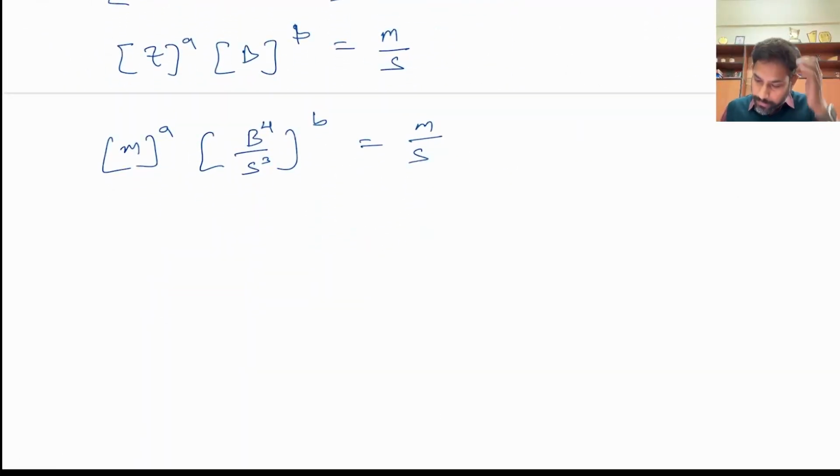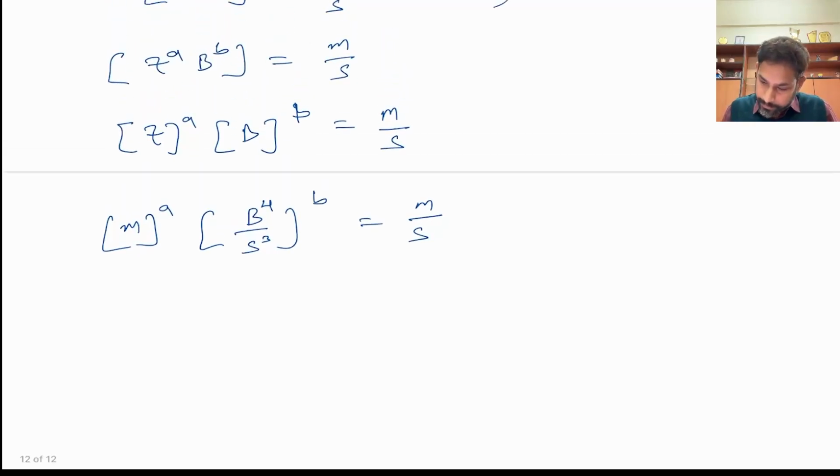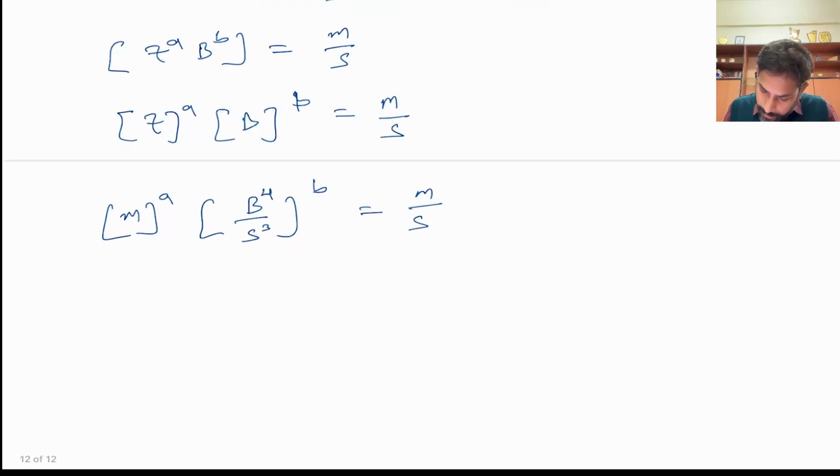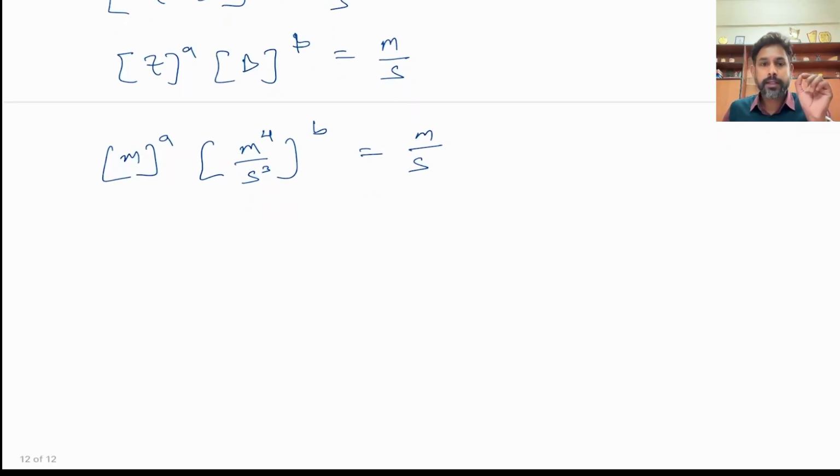So now if you want to find meter to the power a and b to the power 4 by s cube, and overall power of b equivalent to meter per second. In that case, what do we see here is, sorry, there is a mistake here, so this should be meter, right? So we see that meter is there both in the first bracket and second bracket, whereas second is only in the second bracket.